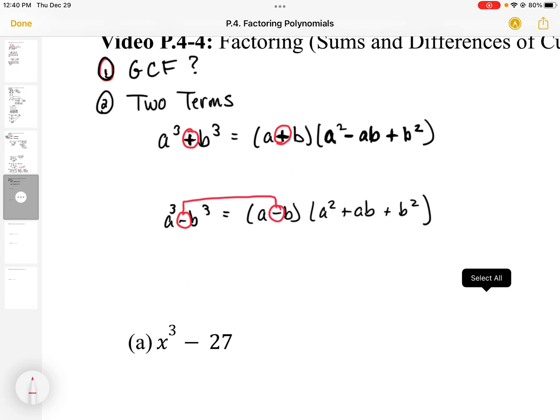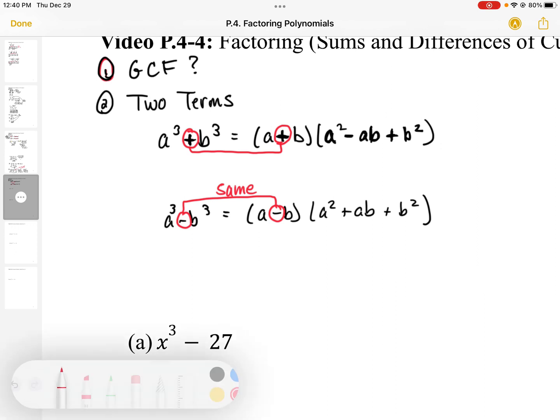These are the same. The second sign that you write when you're factoring is different in both cases. These are different.